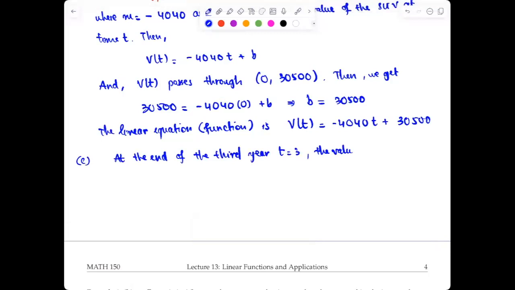The value of the SUV is, so V of 3 equals negative 40 times 3 plus 30,500. If you do the calculations correctly, you would get $18,380.